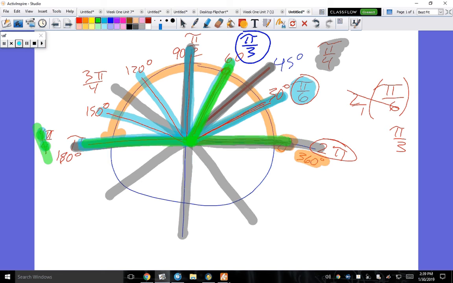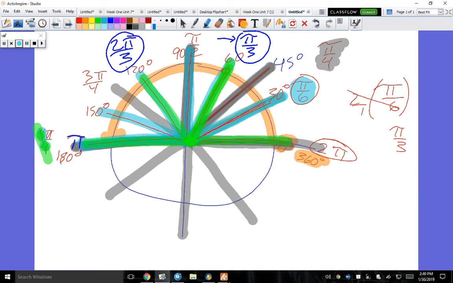So we have 1, 2, here we go, which is 2 pi over 3, because it's 2 of these, or it's twice as big as 60. However you want to look at it, I want you to develop the fractions, and then we, of course, have pi over here. Okay? So now, we're building these from fractions as far as those reference angles are concerned.